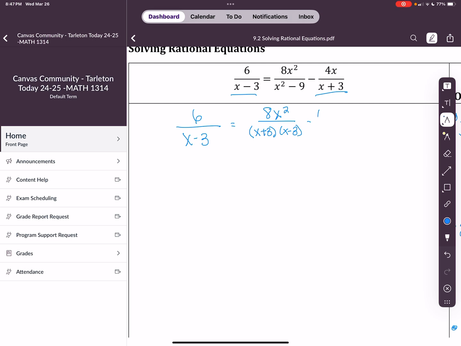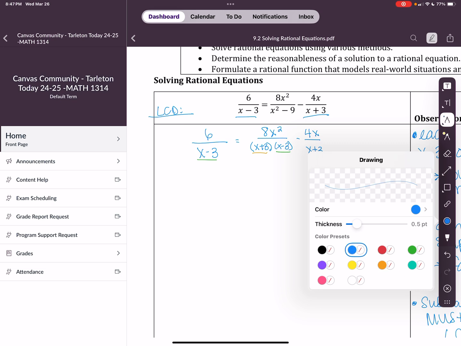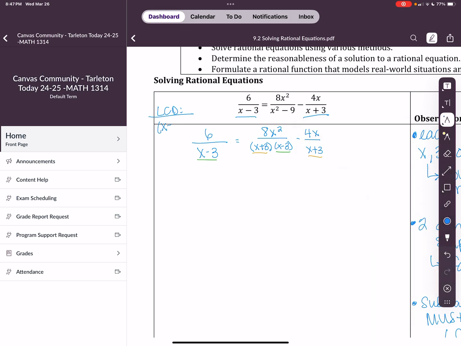And then minus the 4x over x plus 3. So we have to find an LCD. Because all three of these fractions have either x minus 3 or x plus 3, I can make my LCD simply x minus 3, x plus 3.